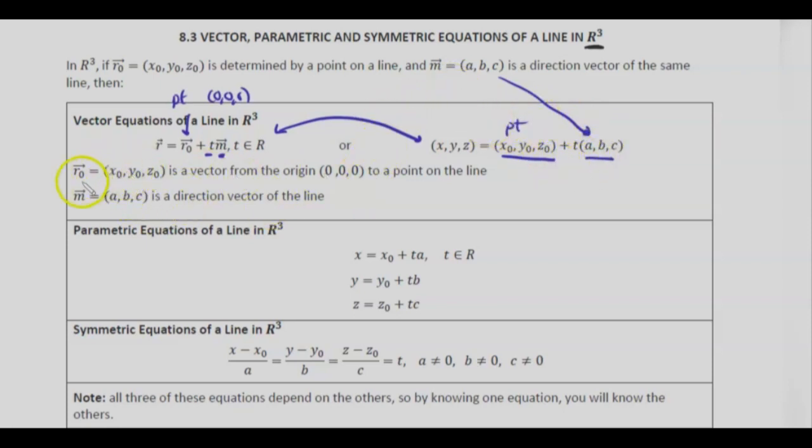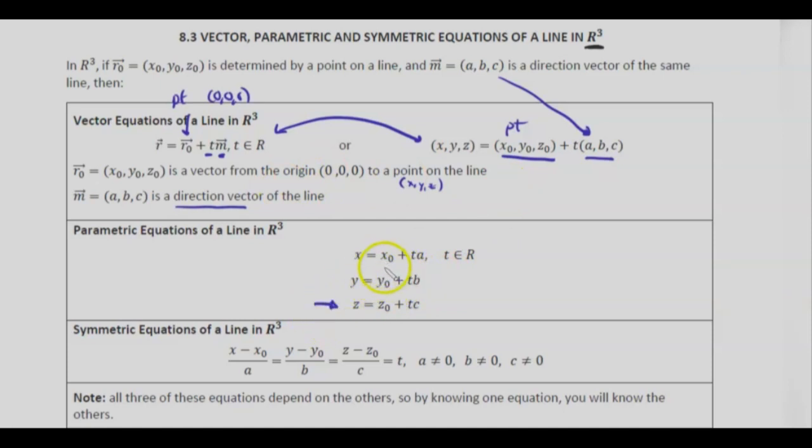As a recall, vector r naught is a vector from the origin to the point on the line, which would be x, y, z. And then vector m, a, b, c is a direction vector. So this is just showing you the setup. Now, parametric equations also extend to z.